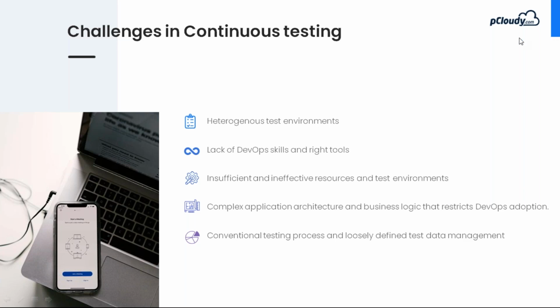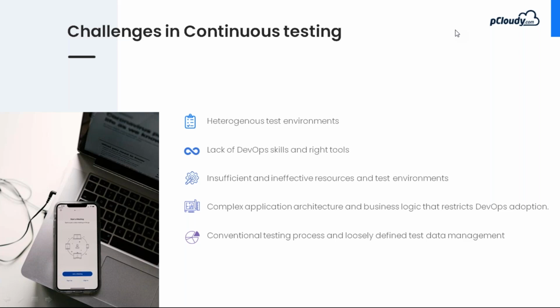In this webinar, in the subsequent slides, we'll talk about what different right tools you can use, and more about that. We'll also understand the traditional processes limiting the cultural shifts among development and QA professionals.